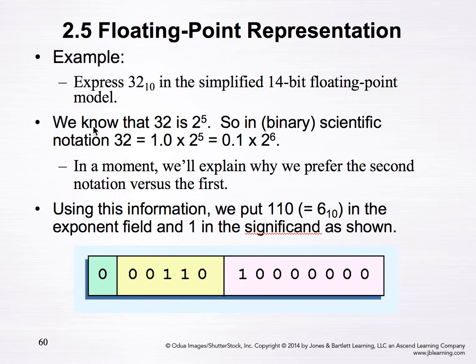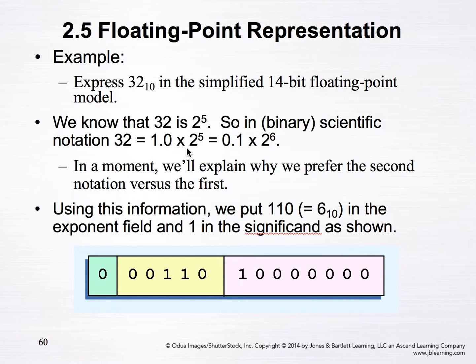First of all, we know that 32 is 2 to the power 5. So in binary scientific notation, we can represent 32 as 1.0 times 2 to the power 5. Times 2 to the power 5 gives 32, so 1 times 32 equals 32.